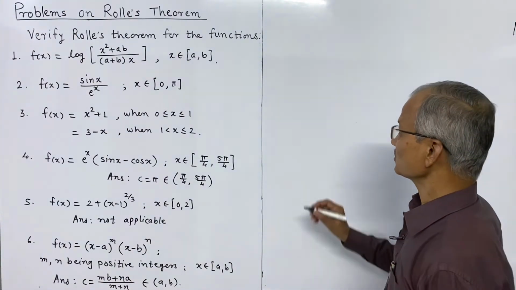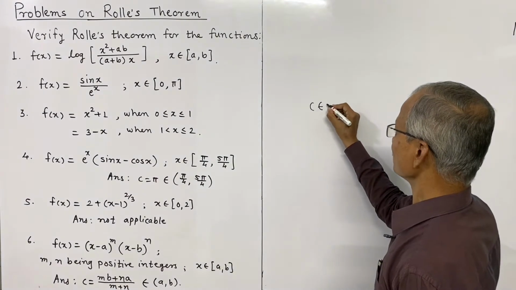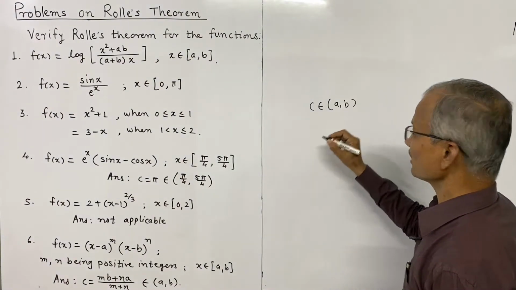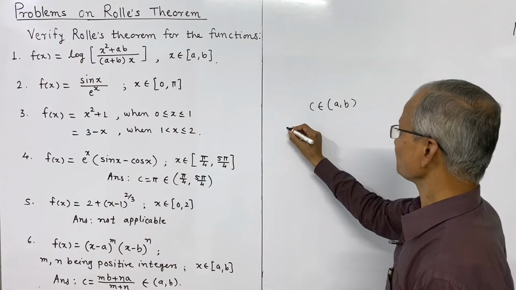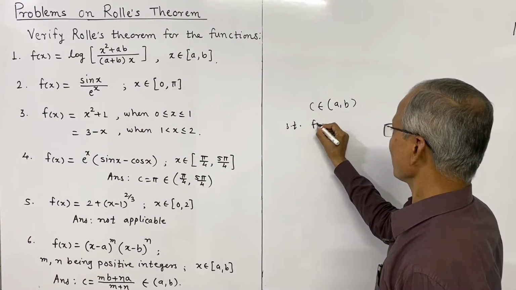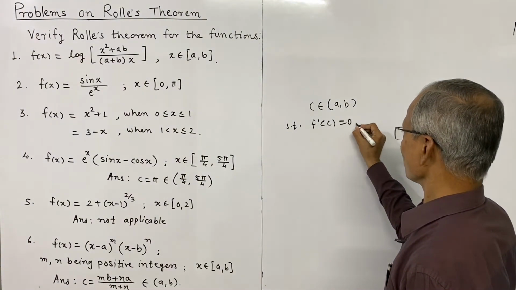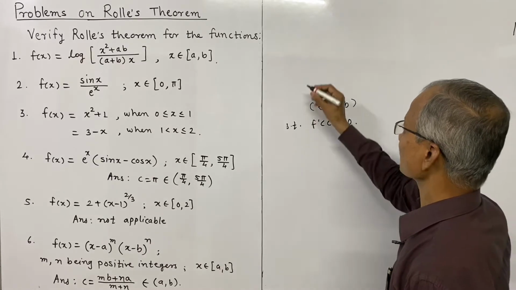Then there exists at least one value c in the open interval a b such that f dash of c is equal to 0. This is the statement of Rolle's theorem.